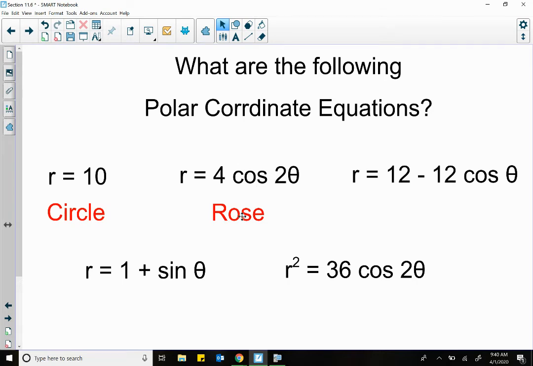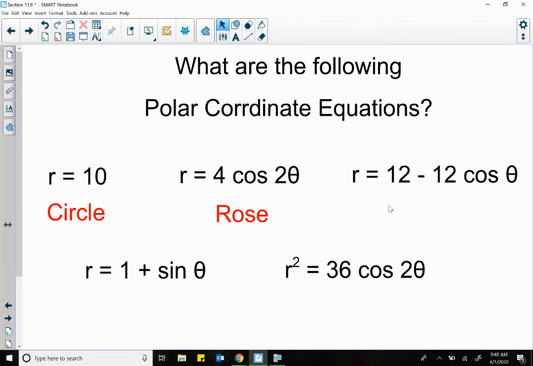This one, my petals have a length of 4, and because this is even, I'll take 2 times 2, which is 4. So that means I will have 4 petals. And since this is cosine, my first petal will start on the positive x-axis side.